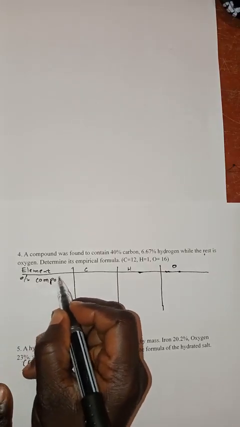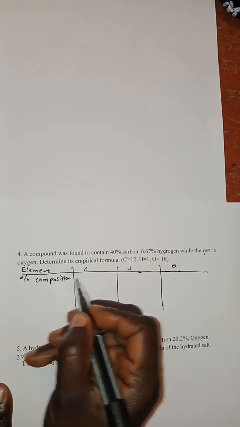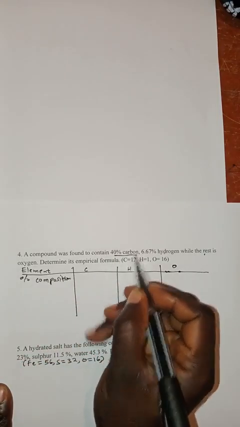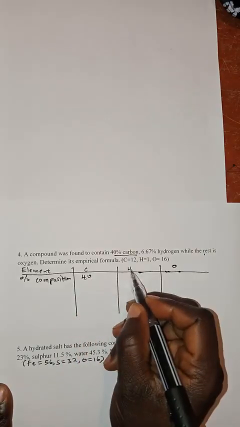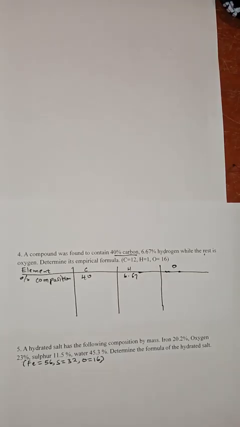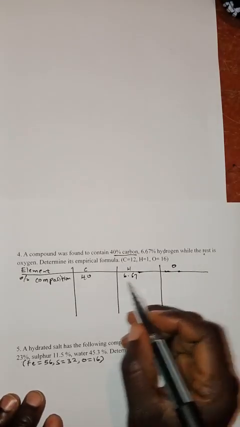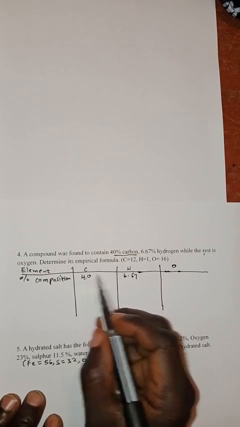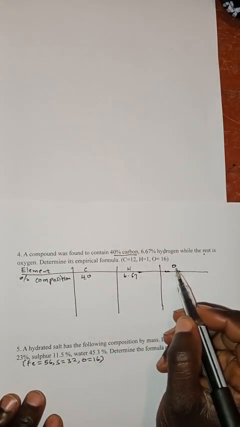of each element, starting with carbon, we have been given the percentage composition of carbon is 40%. Then hydrogen, the percentage is 6.67. Then for oxygen, remember the total percentage composition for carbon, hydrogen, and oxygen is supposed to be 100%.